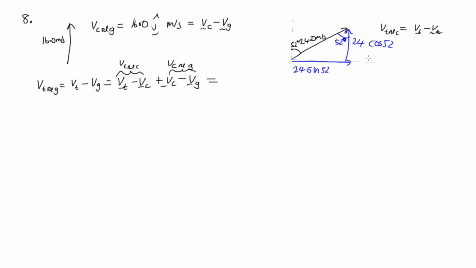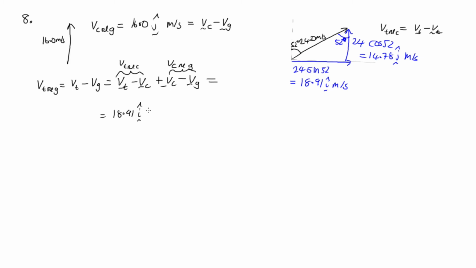So we can work out what these are, and this one here is equal to 18.91 I meters per second, and this one here, solving it on the calculator, we get 14.78 J meters per second.